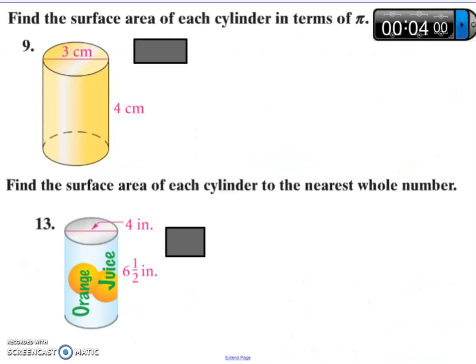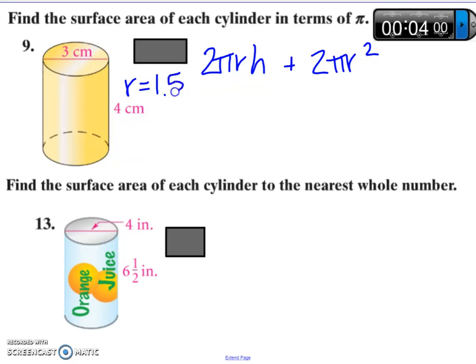All right, finding the surface area of the cylinder. So now we're moving into our next box, and we're going to go ahead and just do the total. So for total surface area, we have 2 pi r h plus 2 pi r squared. In this case, our radius is 1.5 and our h is 4.